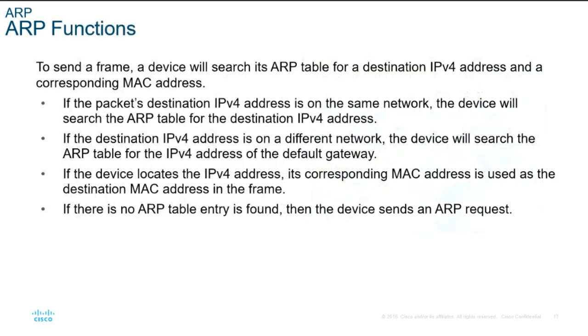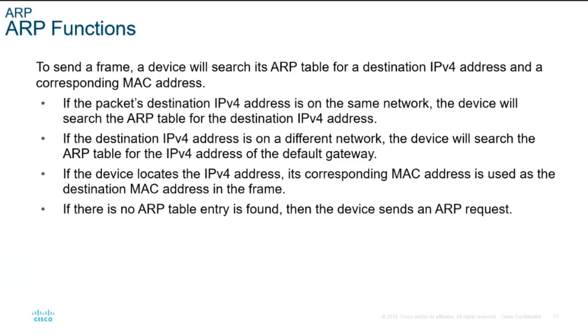Okay, so other functions. To send a frame, a device will search its ARP table for the destination IPv4 address and the corresponding MAC address. If the packet's destination IPv4 address is on the same network, the device will search the ARP table for the destination IPv4 address.